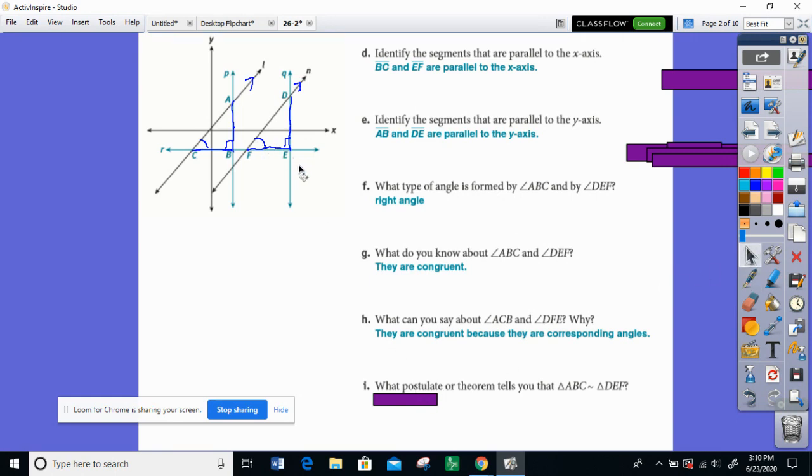And so because we have two pairs of corresponding angles that are congruent to each other, the angle-angle similarity postulate tells us that triangle ABC and triangle DEF are similar to each other. Remember, that's what that tilde in between the two triangles tells us.